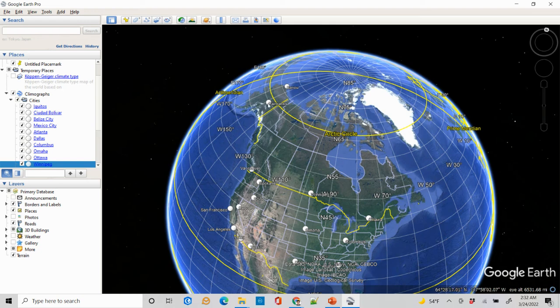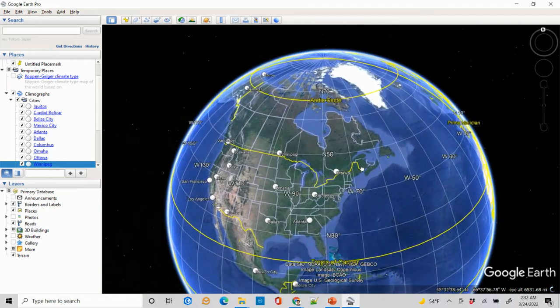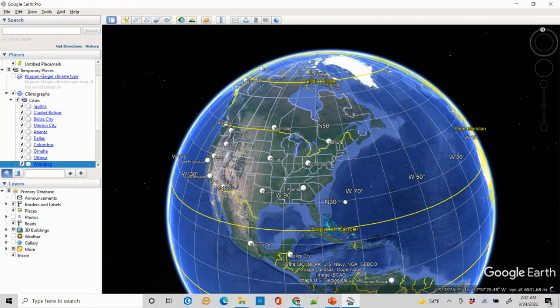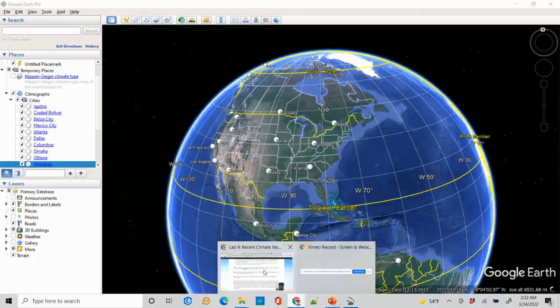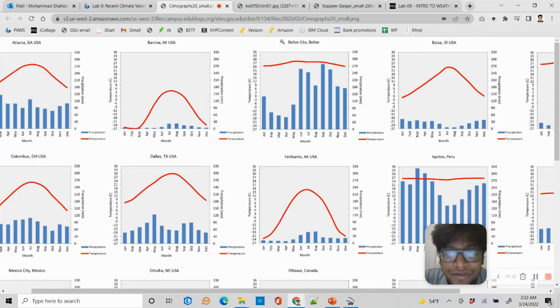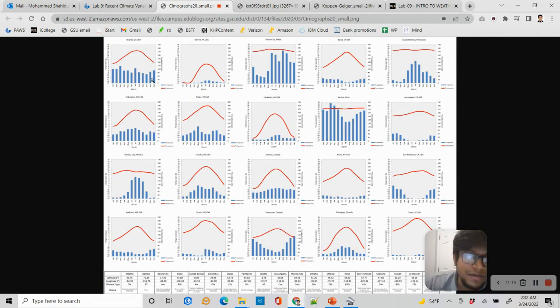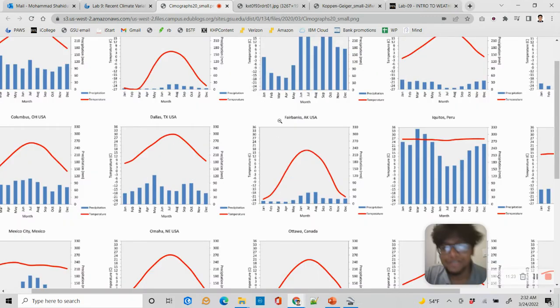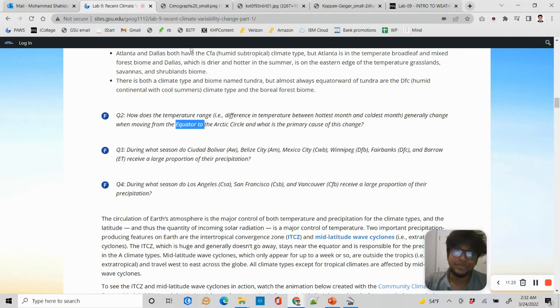I can take either Fairbanks or Barrow. If that doesn't work on your end, you can just study Belize City from this description. Where is Belize? Here's Belize City. Then just study it, look at the precipitation, look at the temperature. Since I've been talking about Fairbanks, there is Fairbanks data. So answer based on these two if the Google Earth file doesn't open for you.